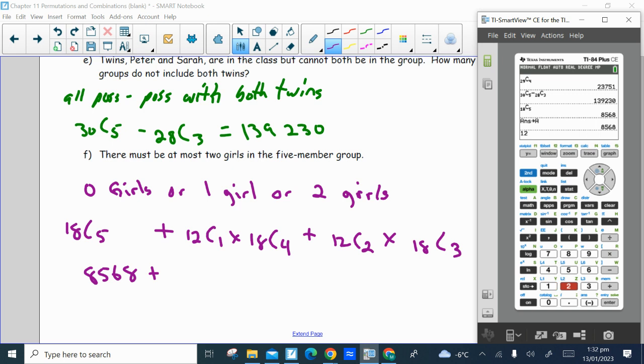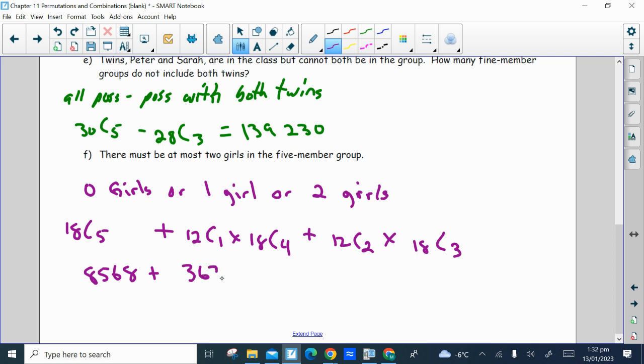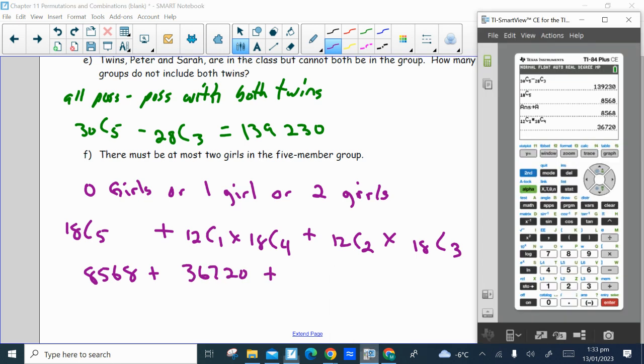The other one will be 12C1 times 18C4, 36,720, which I will store into memory slot B, and then calculate the last part. 12C2 times 18C3 is 53,856.